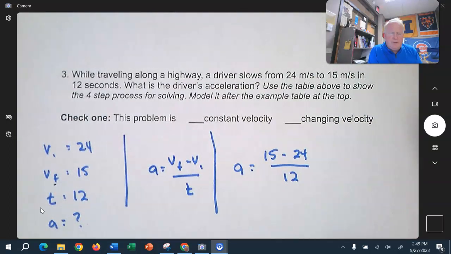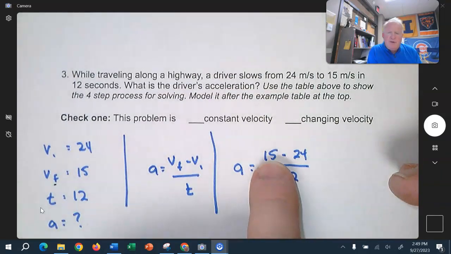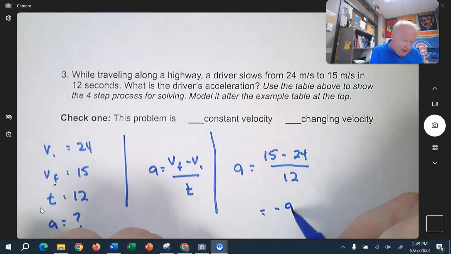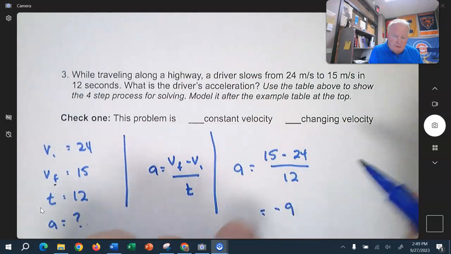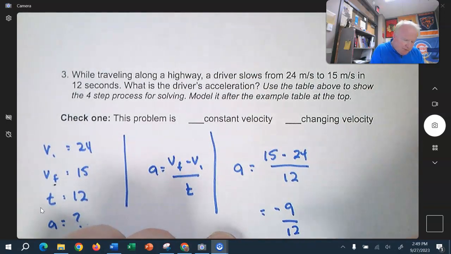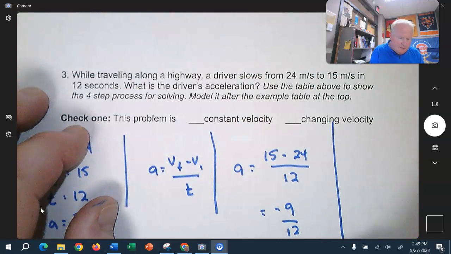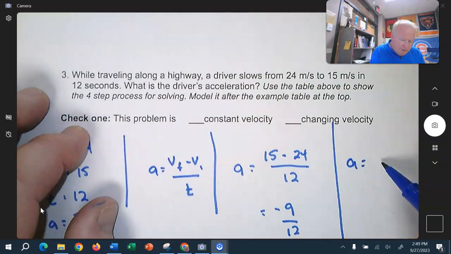And that's just a problem with the way that you're doing the math, or your calculator, sorry. But 15 minus 24 is negative 9, and then divided by 12. And so the answer is negative 0.75. So A is equal to negative 0.75 meters per second squared.